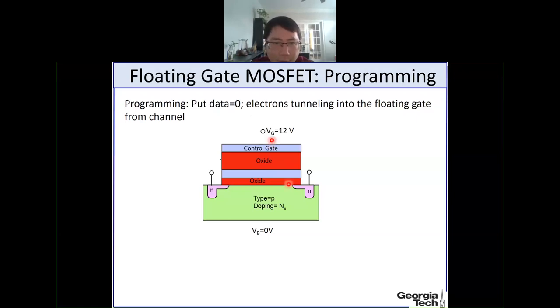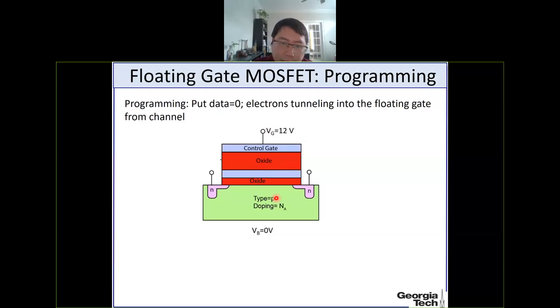This relies on a very large voltage on the control gate, like 12 volts. So Flash programming always uses very large voltage. Normally, we operate the transistor at around 1 volt, like a logic transistor. But for Flash, we have to apply more than 10 volts, in this example 12 volts.